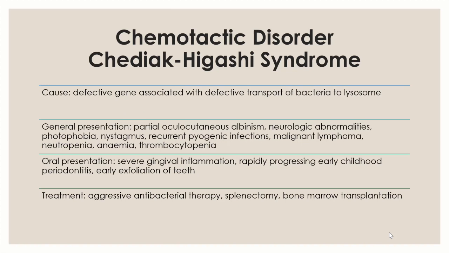This is due to a defective gene associated with defective transport of bacteria to lysosome and inability to kill phagocytosed bacteria. The general presentation is a partial oculocutaneous albinism, neurologic abnormalities, photophobia, nystagmus, recurrent pyogenic infections, malignant lymphoma, neutropenia, anemia, and also thrombocytopenia.